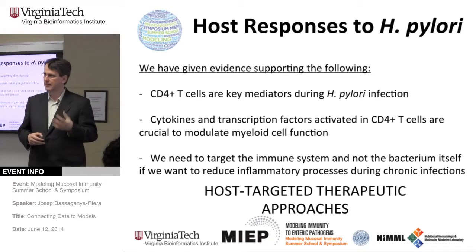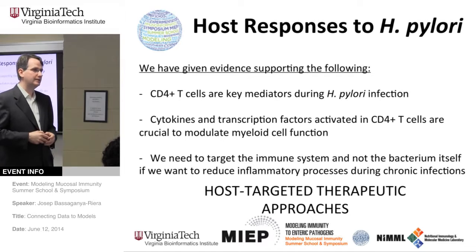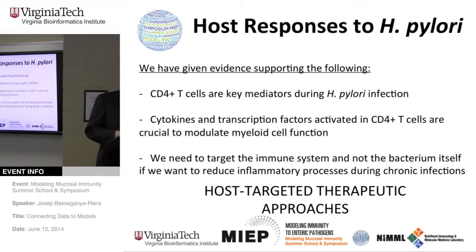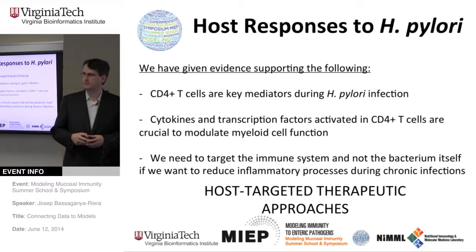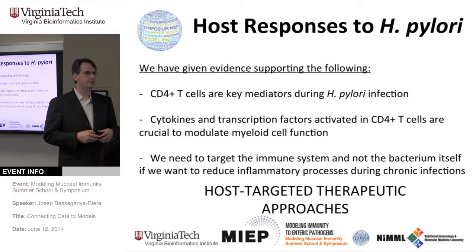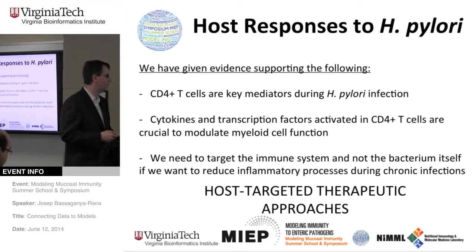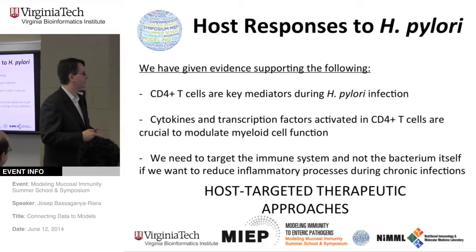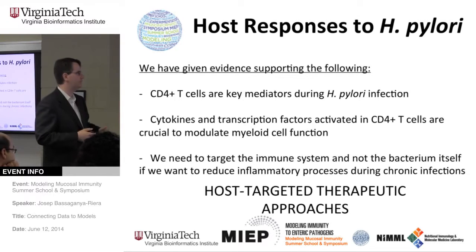Ghrelin, leptin. And as a result, when H. pylori is not there, people tend to be less capable of regulating glucose homeostasis. They have to eat more. But in the context of H. pylori infections, we know that there's a significant influx of CD4 T cells.